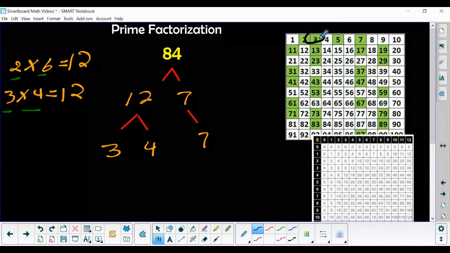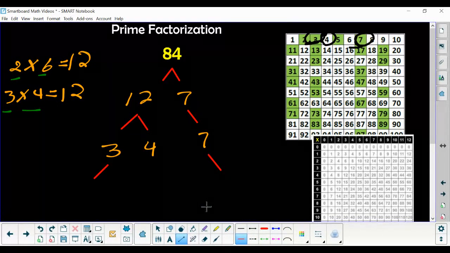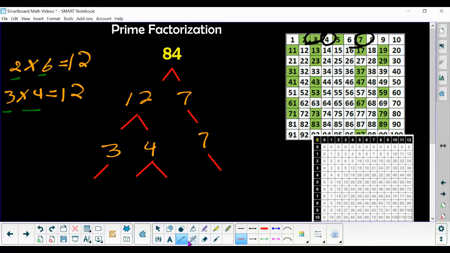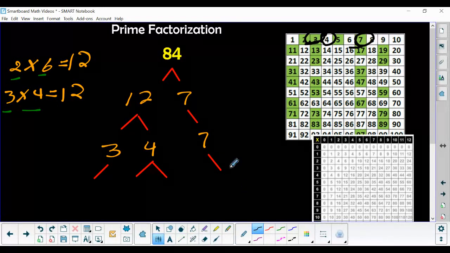If you go over here, 3, 4, and 7. 3 and 7 are prime numbers, so they get one branch. Okay, 4, which is here in white, gets 2 branches because it's composite. And like I did before with 7, you slide it down again. So prime numbers, all you got to do is just slide them down.